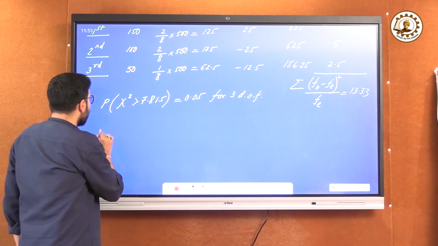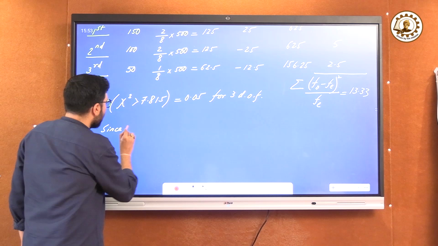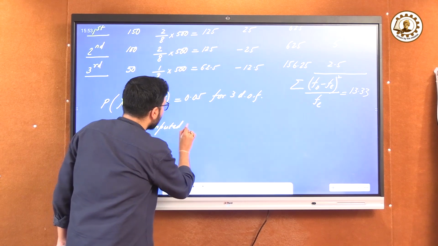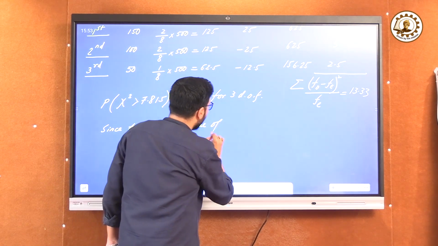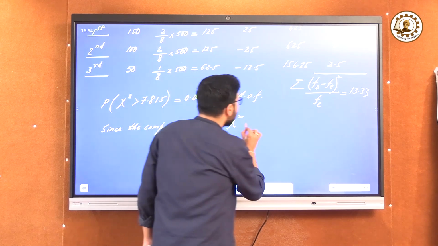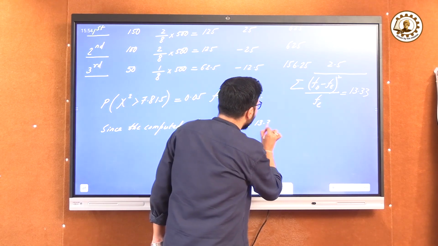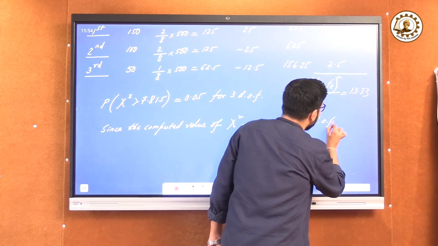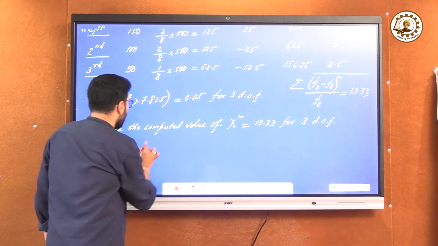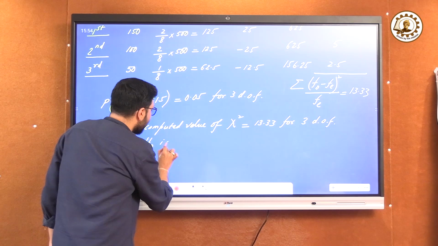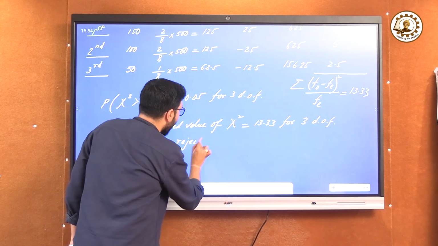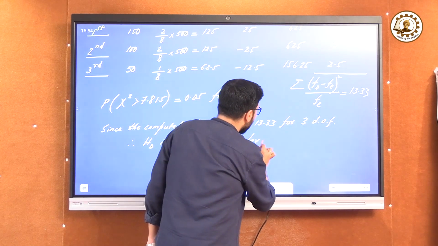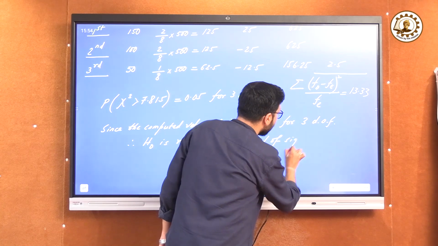So I can write it, since the computed value of chi-square is 13.33 for 3 degrees of freedom, therefore, H0 is rejected at 5% level of significance.